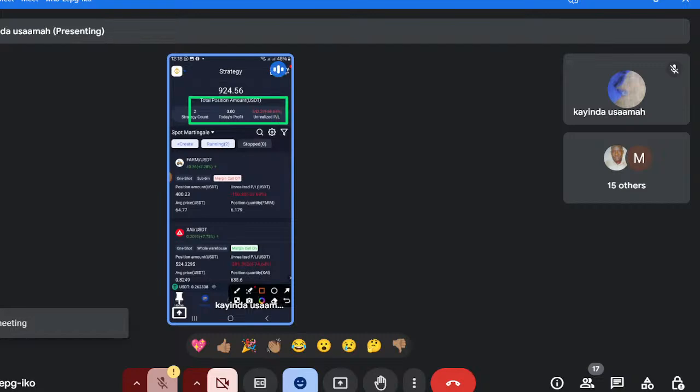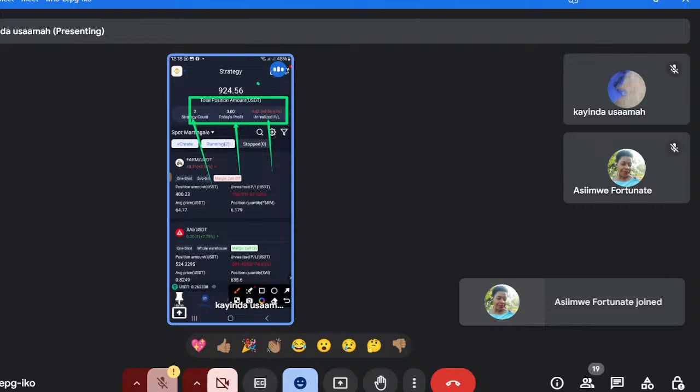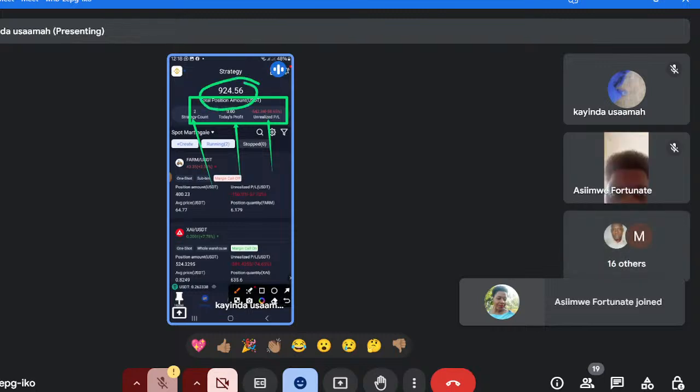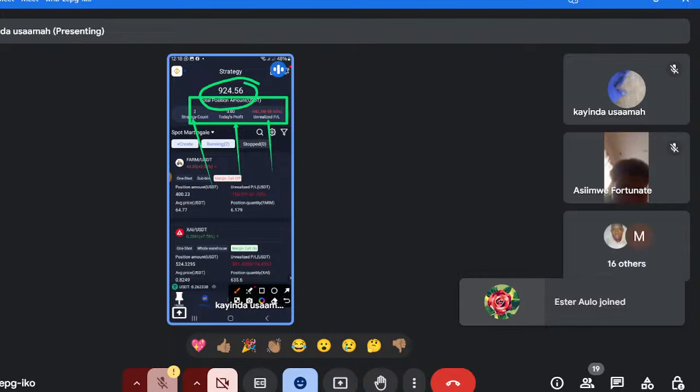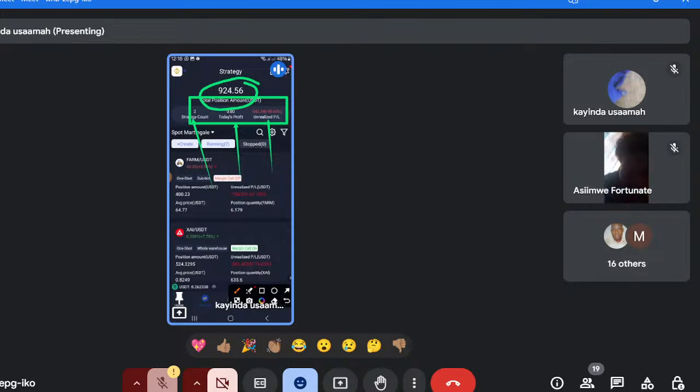This box, first of all, shows you the number of coins you are trading, the amount of money you have made today, and your unrealized profit or loss. It also gives you the total amount invested in your whole trades. It's a very good box, which I want everyone to put in your robot.